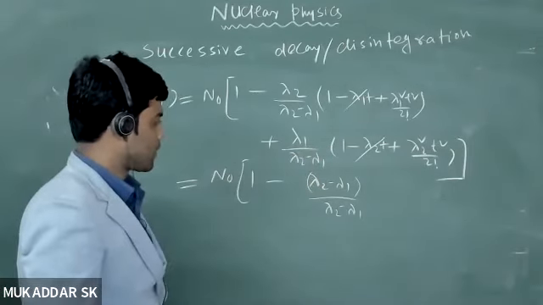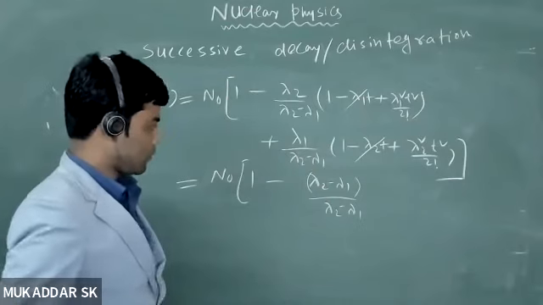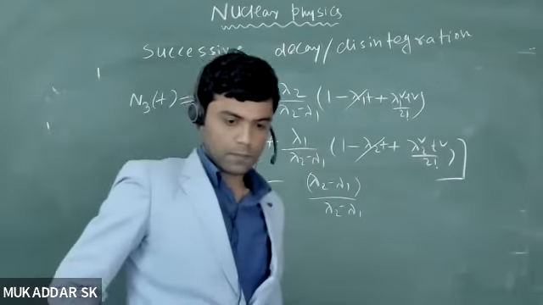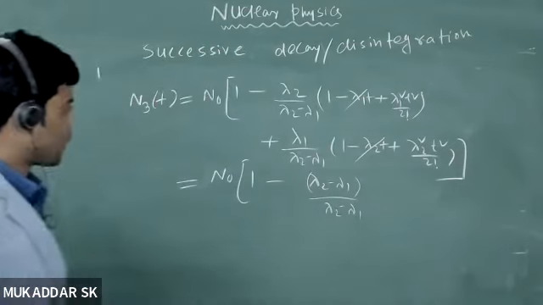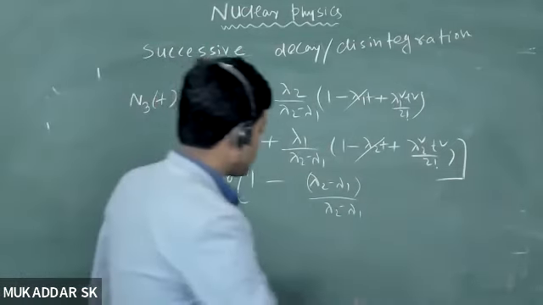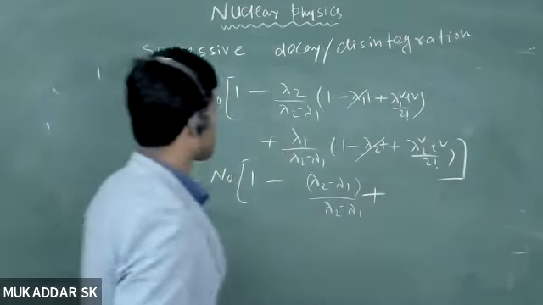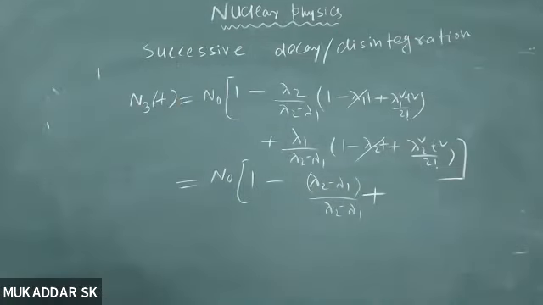Okay? Yes, sir. And then you have a last term. Now look at the last term. You have a t square common, right? You have t square common, lambda 2 lambda 1 and 2 common.